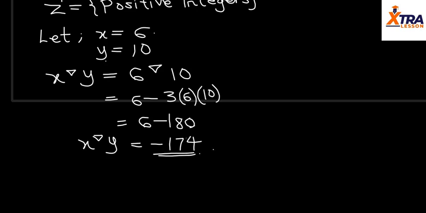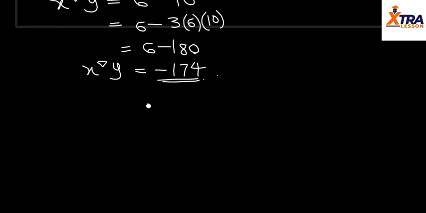All I need to do now is to determine, is this operation closed under the set Z plus? Is this value a positive integer? Because it has a negative sign, although it is still an integer because it's a whole number, it is a negative integer. So this is not a member of the Z plus set.